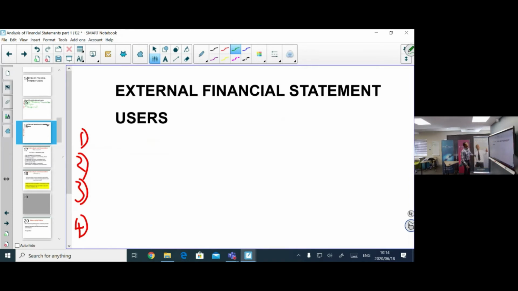External financial statement users: creditors, because they want to see if you'll be able to pay their money back. They don't just want to borrow you a lot of things, maybe borrow you their plant or machinery or money, whereas they know that your company is going down. You see. And who else also?